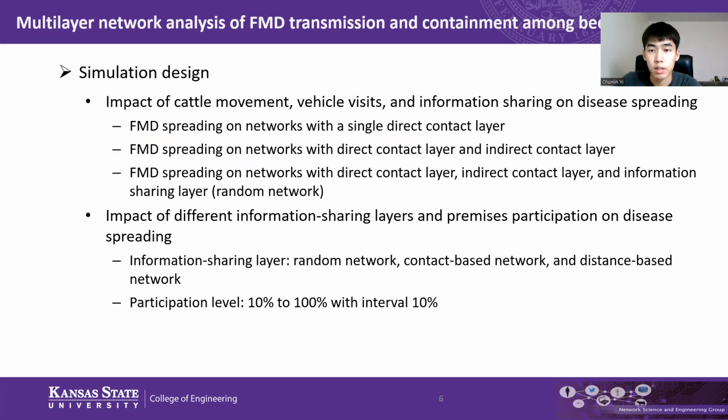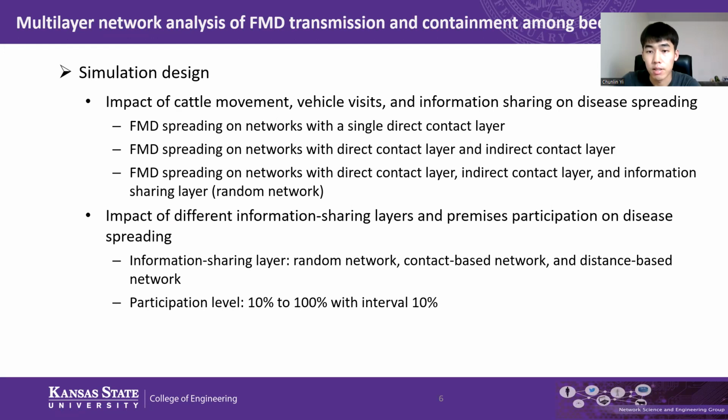We designed two sets of simulations to explore the impact of cattle movement, truck visits, and information sharing on disease spreading, and the impact of different information sharing layers and premises participation on disease spreading. First, we simulate the hypothetical FMD spreading on the single layer networks, two-layer networks, and three-layer networks.